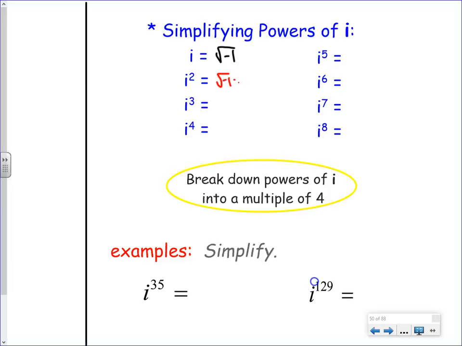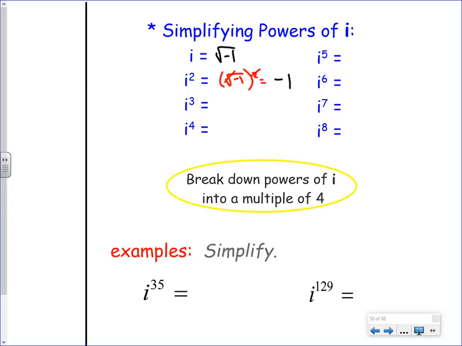Negative 1. Or if we write it a little bit better, square root of negative 1 squared, right? So who is i squared? And make it black, because this is who we can always make it be. i squared is negative 1.